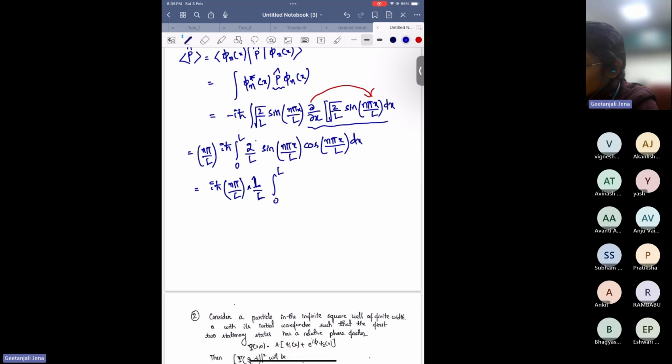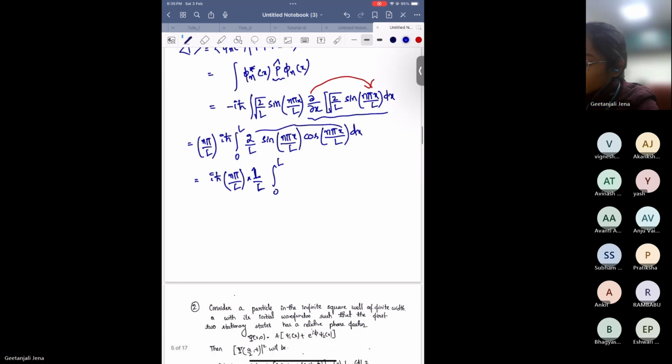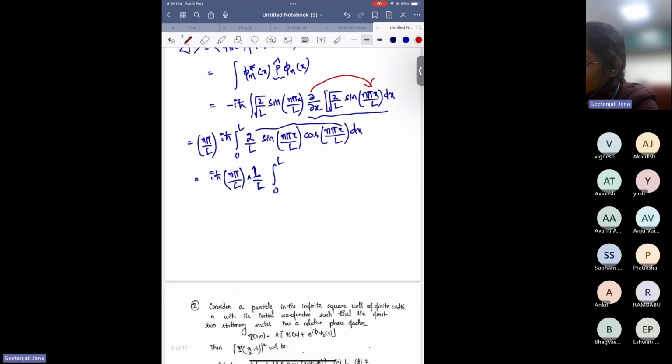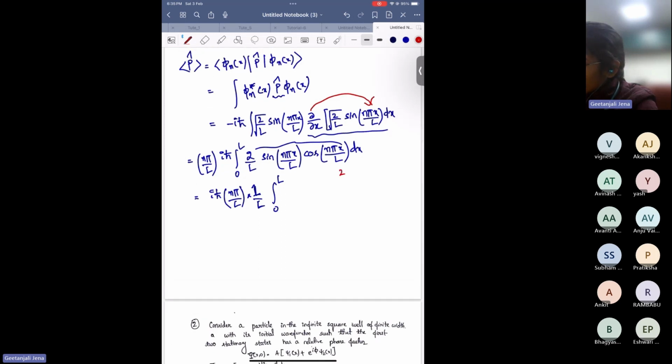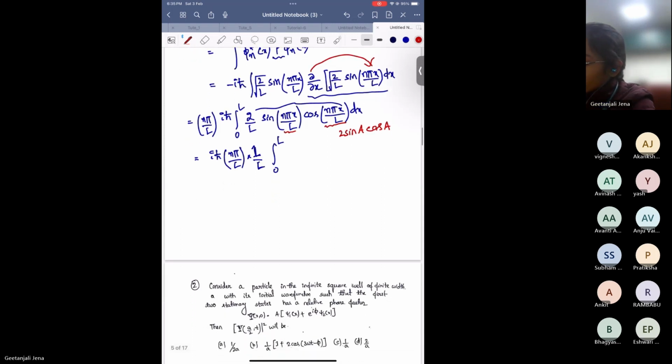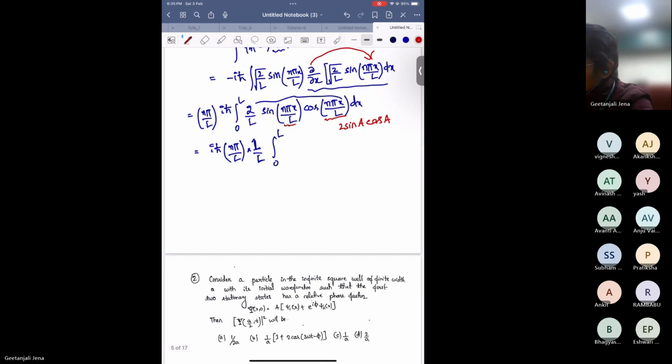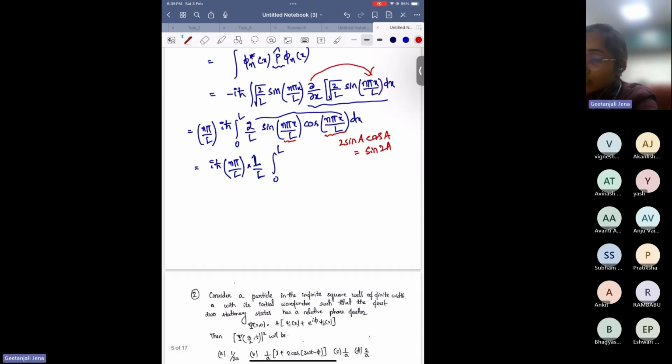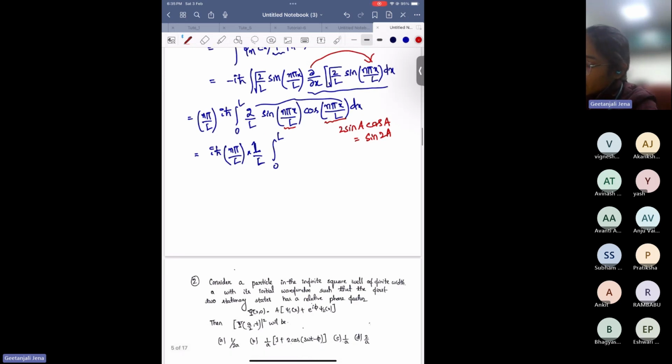So this 2 sin A cos A. What is the final expression for 2 sin A cos A? Here, these expressions are same. So the final expression is sin 2A. Okay. Like sin A plus B, you know this trigonometric equation, right?